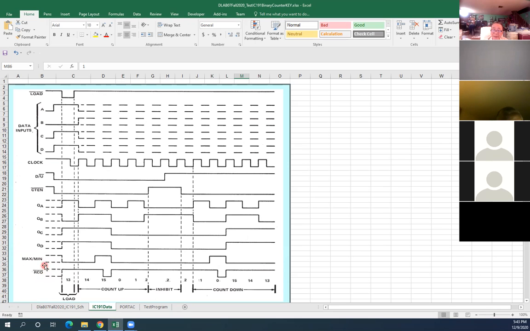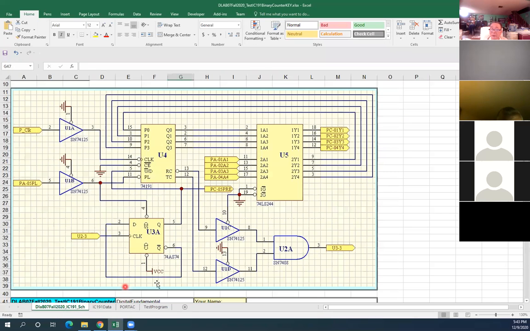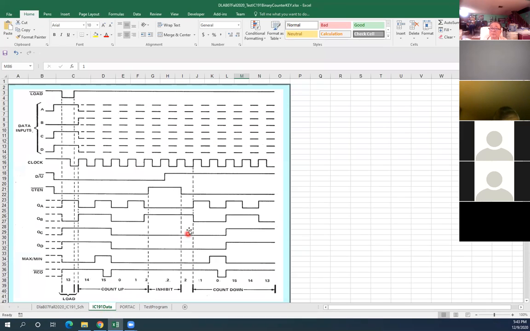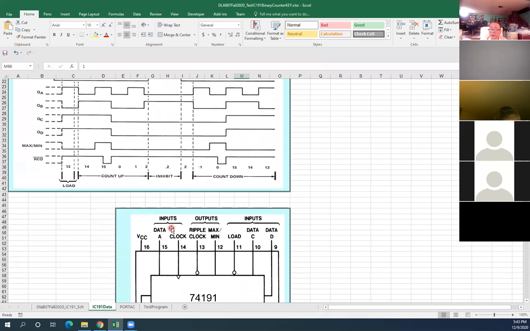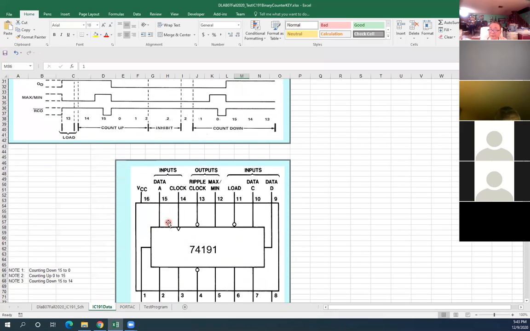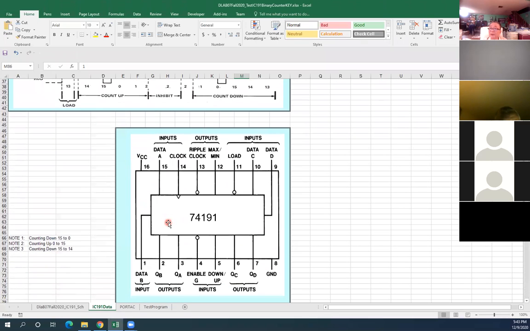Okay, max and minimum. Let's see, what pin is for max and minimum? 12. 12, okay?